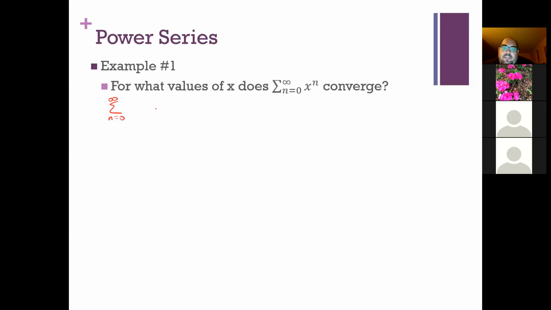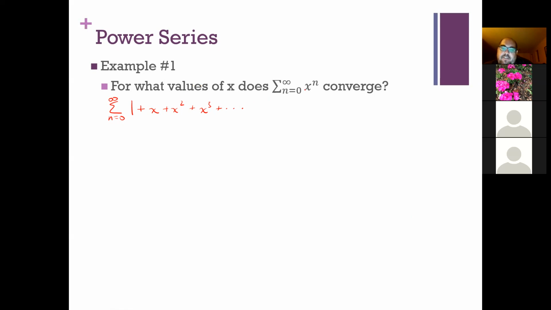When n equals 0, I'm going to have 1, since x to the 0 is 1. When n equals 1, I'm going to have x to the first power, and then x squared, and then x cubed, and this will continue indefinitely. So hopefully it's looking familiar.